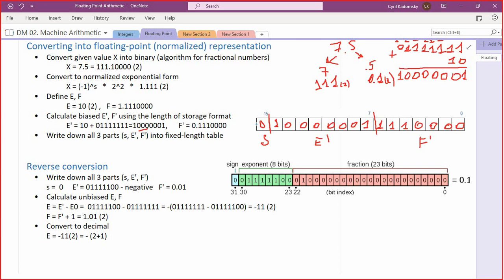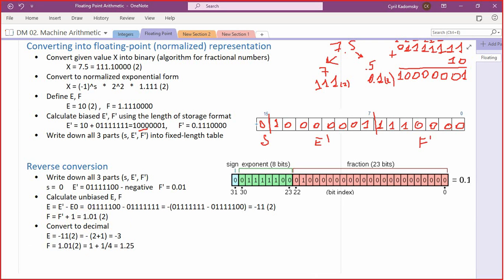Minus 3. And the fraction, where it is this, we convert it back to decimal. The fraction is always positive, so it is 1 plus 0 plus 1/4. Right? This is 1 times 2 to the power 0. This is 0 times 2 to the power minus 1. This is 1 times 2 to the power minus 2. Okay, so our number is 1.25.